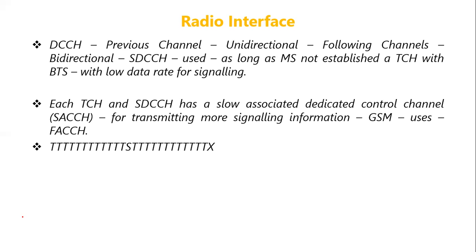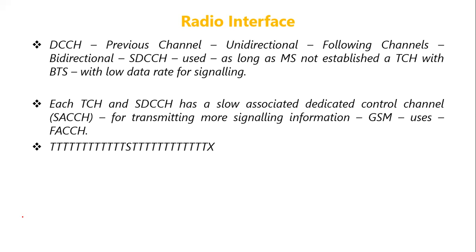As long as the MS has not established a connection with the traffic channel with the BTS, it uses the standalone dedicated control channel. SDCCH is the standalone dedicated control channel with a low data rate for signaling. This includes authentication, registration, or other things needed for setting up a TCH, traffic channel.